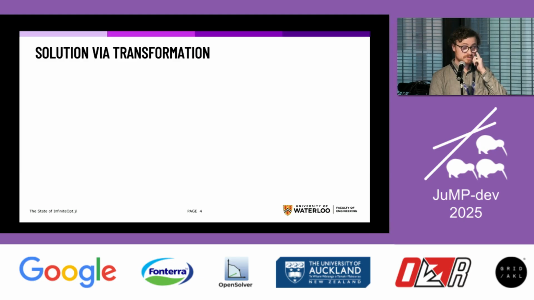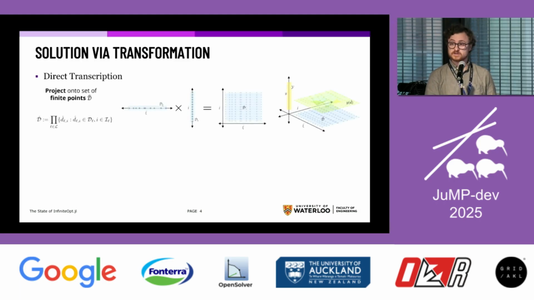Okay, so InfiniteOpt gives us a way to model these types of problems, but we need to solve them. The way we think of doing that is with transformation. One of the more common ways of doing this is using a technique called direct transcription, essentially discretization, where you choose either a single or a combination of different numerical methods, and you project your infinite dimensional problem onto a finite number of points, giving you a finite dimensional problem that you can solve with typical tools like JuMP.